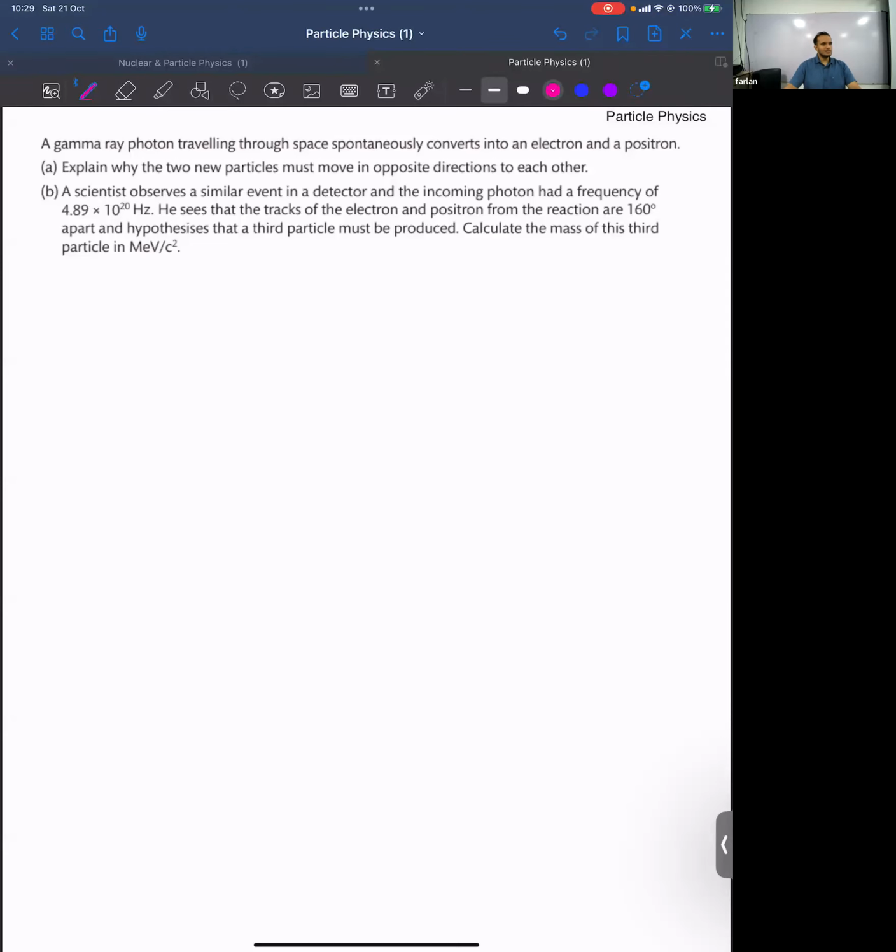Because momentum is conserved. Now, if the gamma ray photon was traveling in a particular direction, it's like an explosion happening suddenly. Initially, before the collision, momentum is 0.